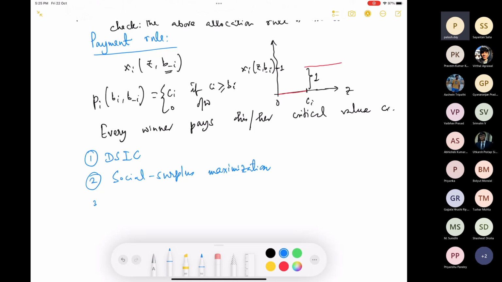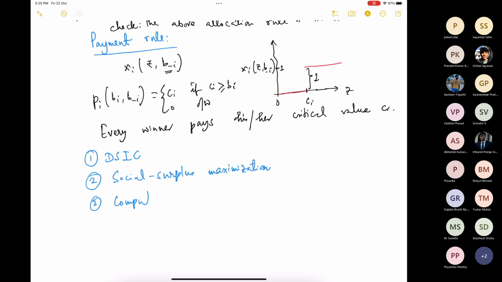And third one is computational efficiency. Okay. So does our auction satisfy all these three properties?